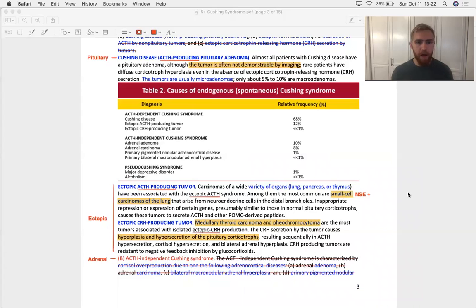You might also have an ectopic CRH producing tumor. Remember, CRH is a hypothalamic hormone, and medullary thyroid carcinomas and pheochromocytomas possibly could push CRH into the blood, which is going to tell the pituitary make ACTH, which will then go to the adrenals and tell them make cortisol.